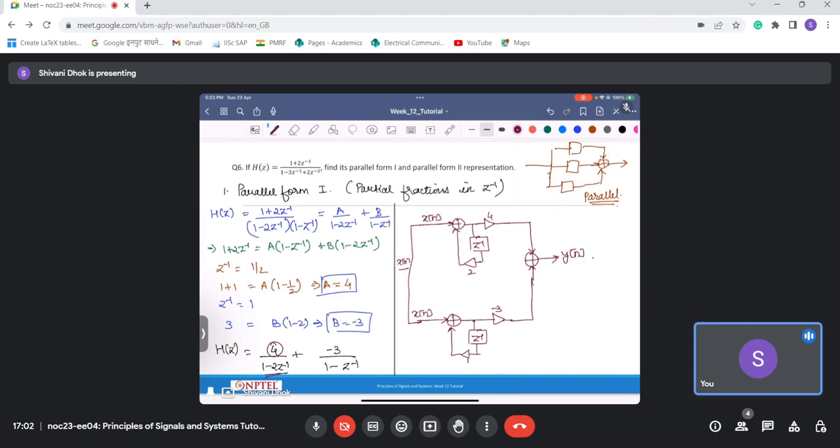So this is my parallel form representation. This system is my H1(z), and this is my other system, that is H2(z).